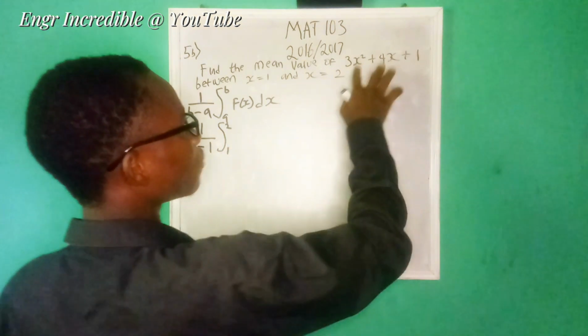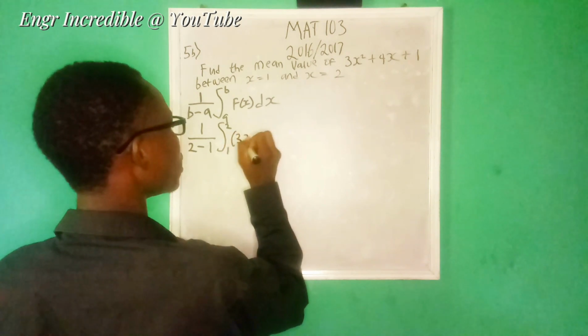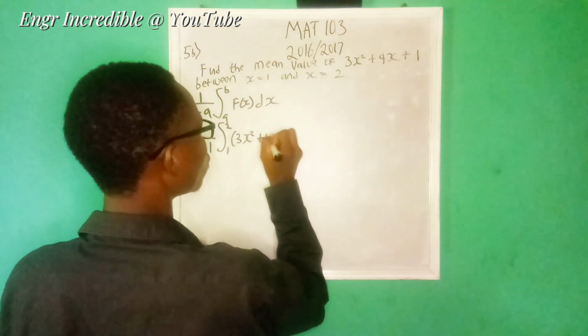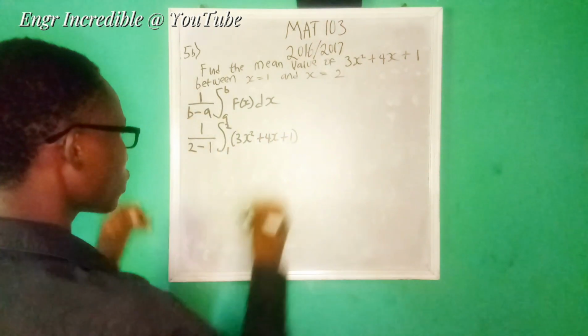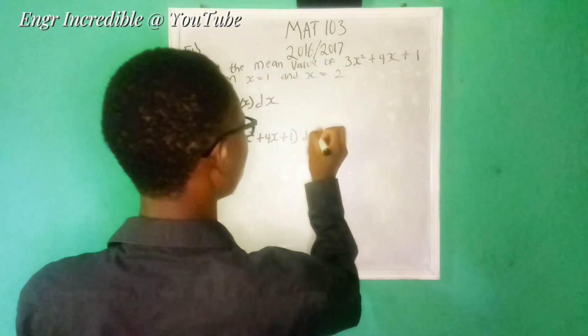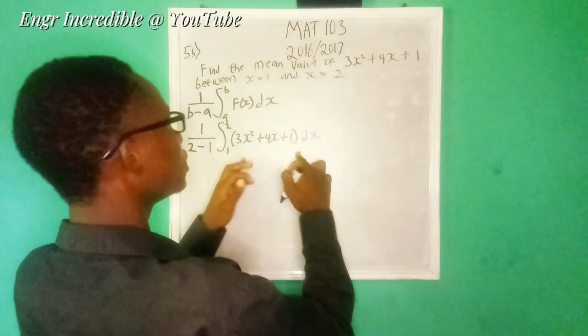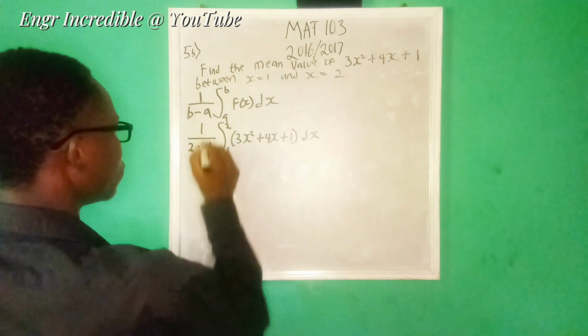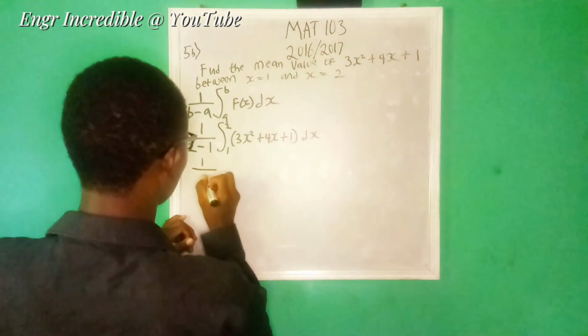Then what is our function here? We have it in brackets, 3x squared plus 4x plus 1, dx. So first of all, we can do this, then we integrate what is inside the bracket. Here we will have 1 over 2 minus 1, which is equal to 1.